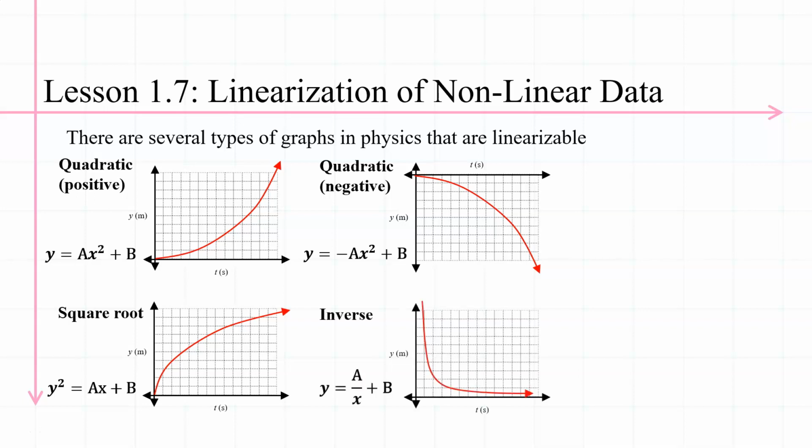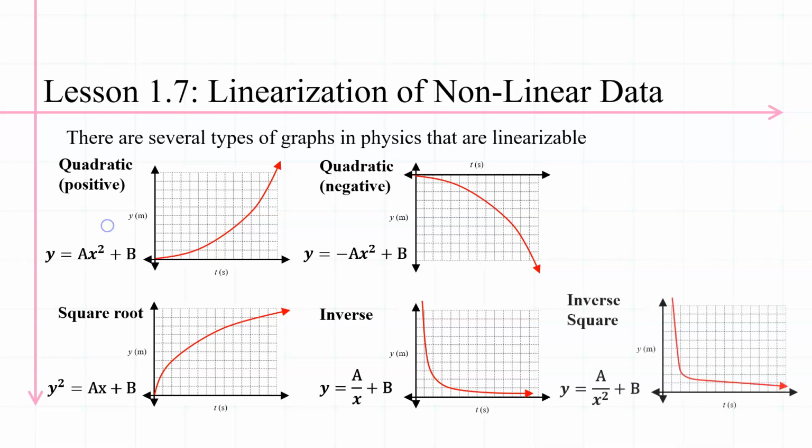And then there's two types of inverses that look very similar. They behave the same way essentially, but I'm also going to treat these separately because they come up in different equations in physics. So we could linearize an inverse relationship or an inverse square relationship.